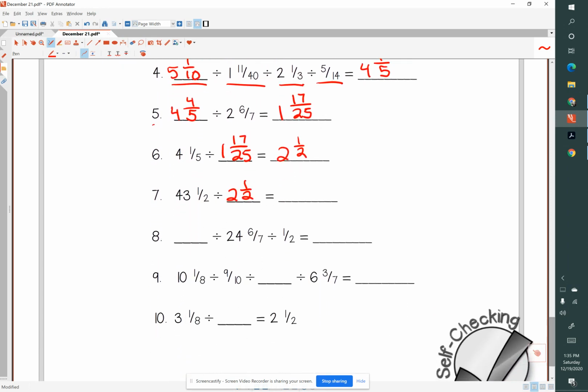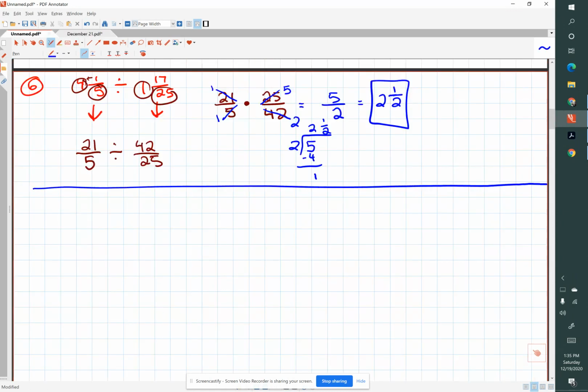Okay, so we're on number 7, 43.5 divided by 2 1/2. And I hope that you're writing these as I am. You should be working right along with me. So we're going to have to convert these to improper fractions. 43 times 2 is 86, plus 1 is 87 over 2, divided by 2 times 2 is 4, plus 1 is 5.